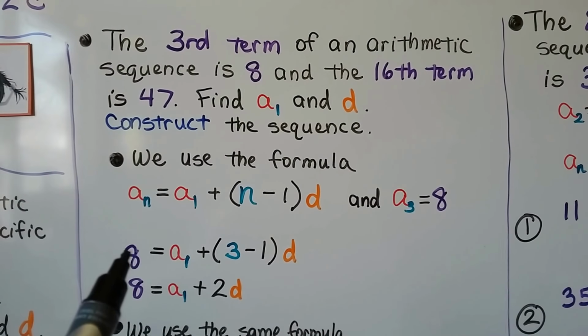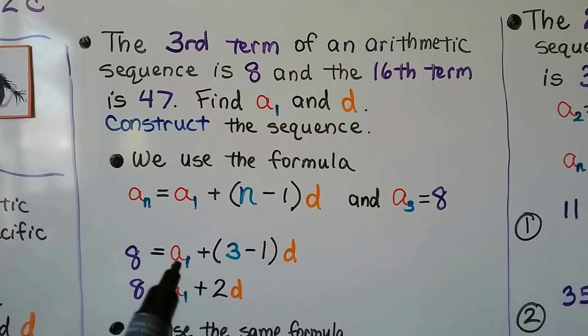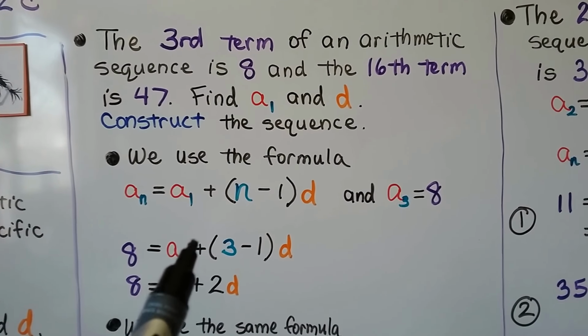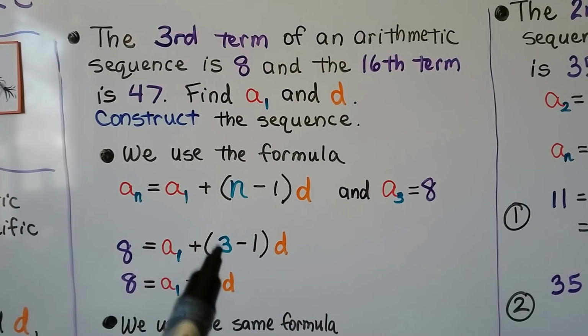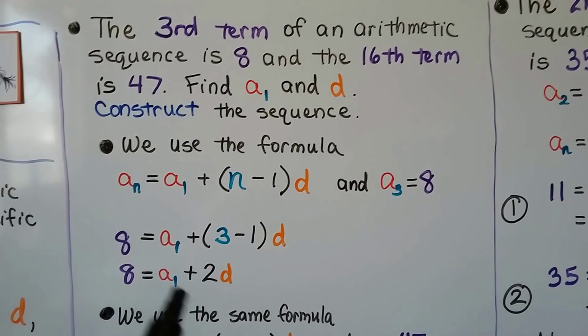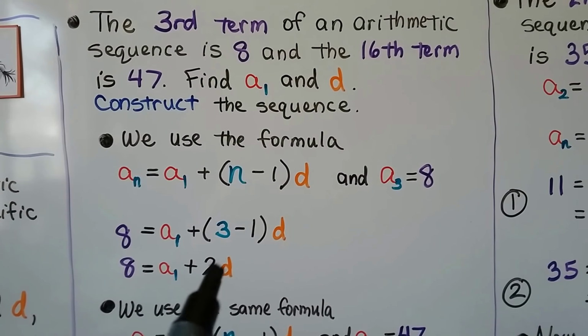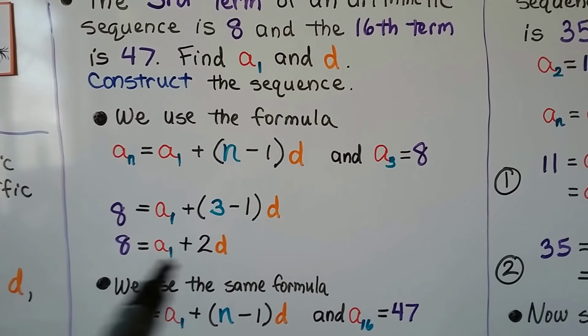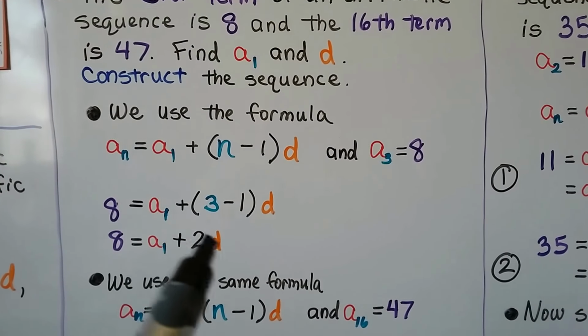We know it's an 8. And it's going to equal a sub 1, because we don't know what that is. We know the third term is an 8, but we don't know what the first one is. Plus, it's the third term, so we have a 3 here, minus 1 times d. That means we have a 2d, doesn't it? So now we've got our first equation. Okay, 8 equals a sub 1 plus 2d.